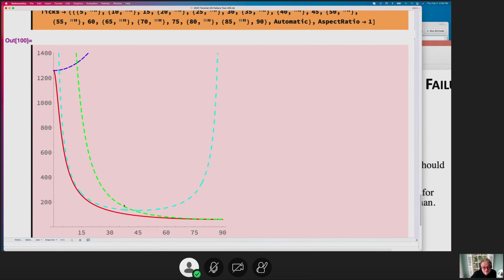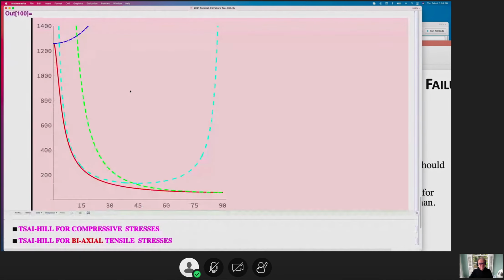Max transverse stress says you won't fail until here. But this criterion that takes into account the interaction between these two says you're going to fail here. And this agrees with experiments better than these lines. That's why we like Tsai-Hill, or the version of it, Tsai-Wu, better than the max stress and the max strain for laminates. This is what it shows.